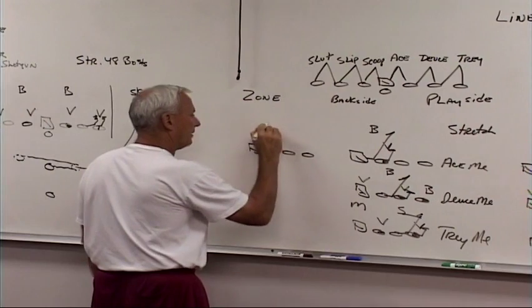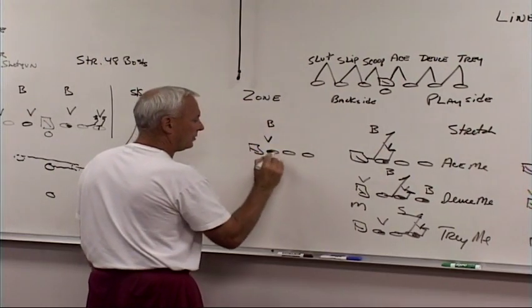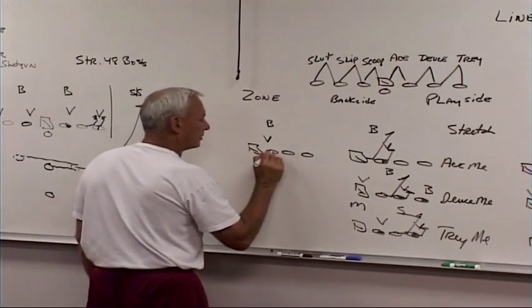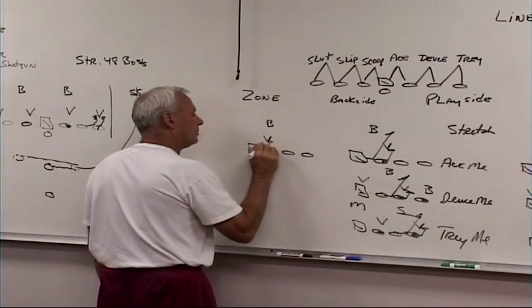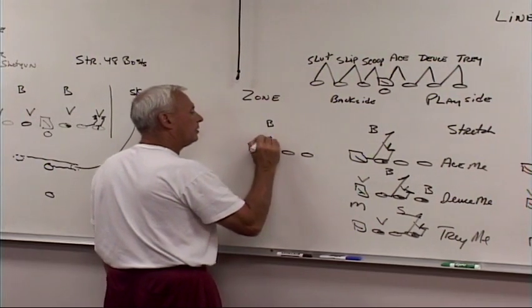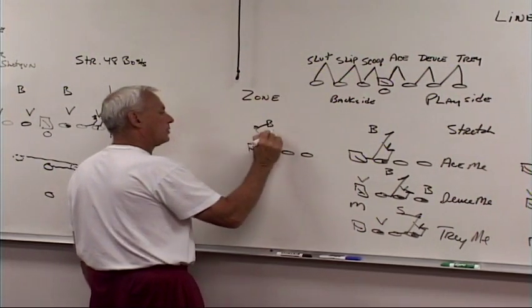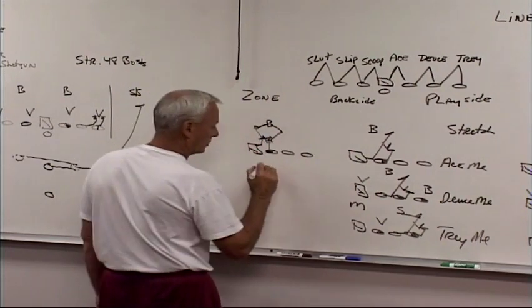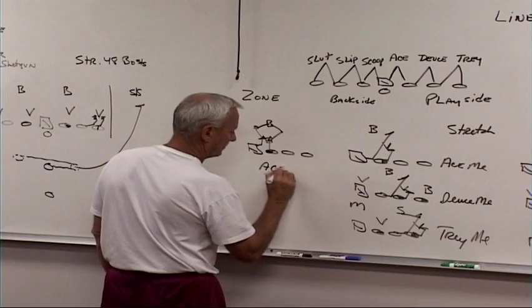Now, we can have a nose guard and a 1 technique with a linebacker stack. We want to work this inside foot, tackle, center working up, feeding it over, pushing it. He comes here, the center works off. He comes there, the guard works off. We would call that an ace read.